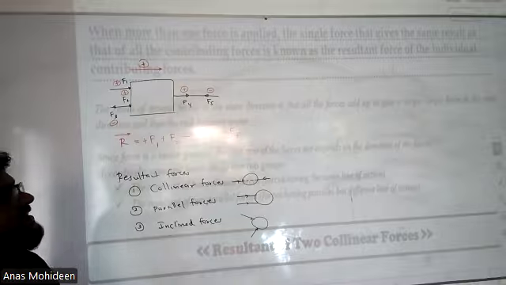Go to your right hand board, take the topic. Unit 9, resultant force.